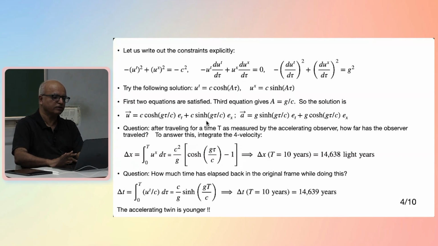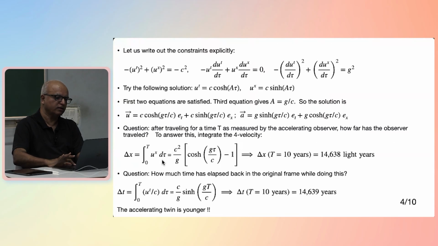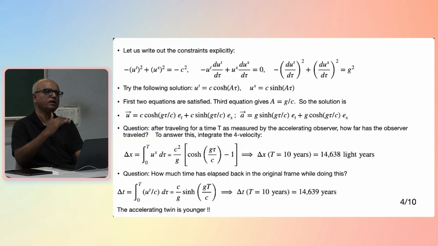Substitute for ux from here, c sinh, and sinh integral will be cosh, there is a c outside, and then when you integrate, you divide by g by c, so you get c square by g. This is an interesting number, c square by g, you can check has dimensions of length. Length square by time square divided by length by time square. So, this is length.